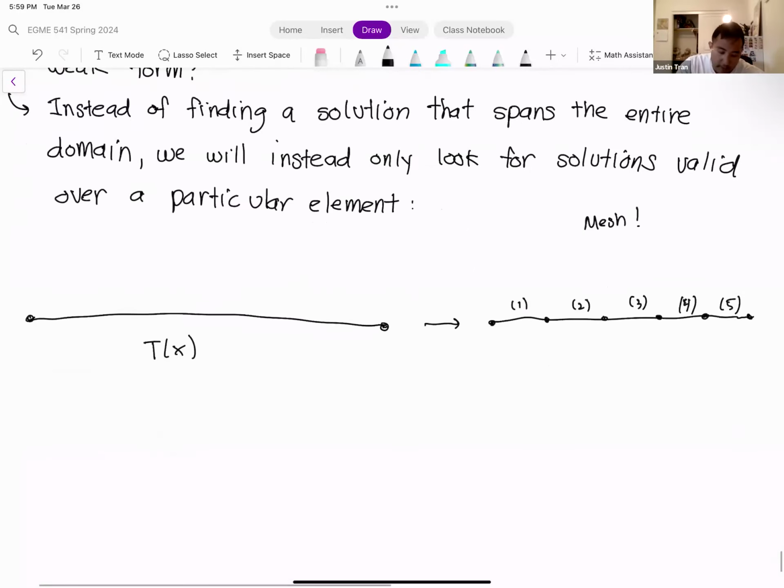What we're going to do instead is that for each of these elements, we're going to solve for a separate approximate solution.